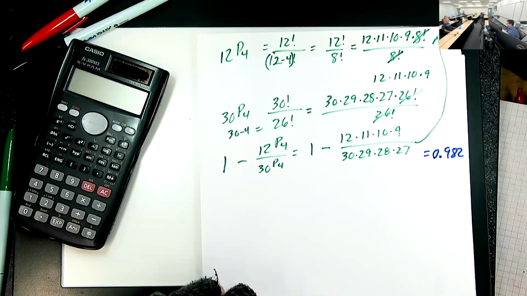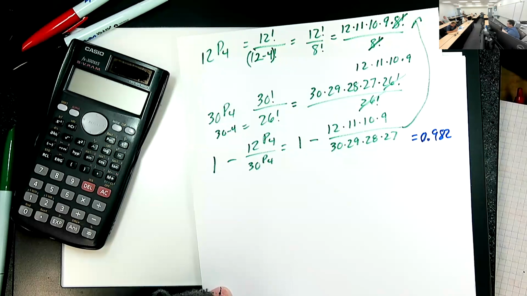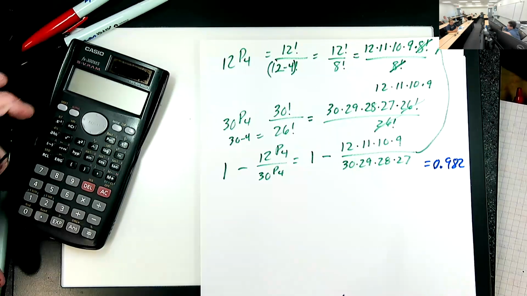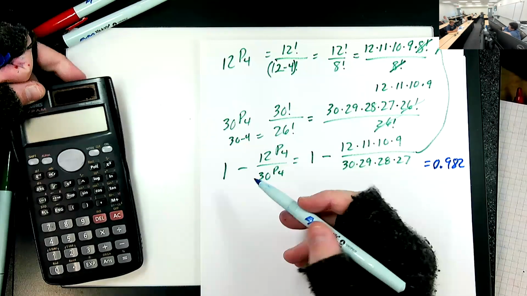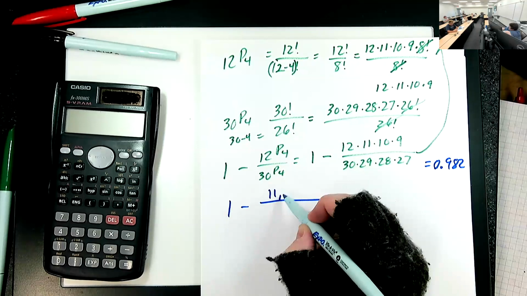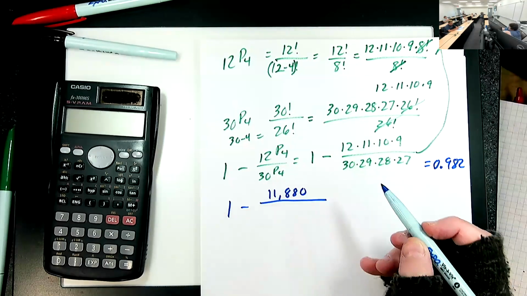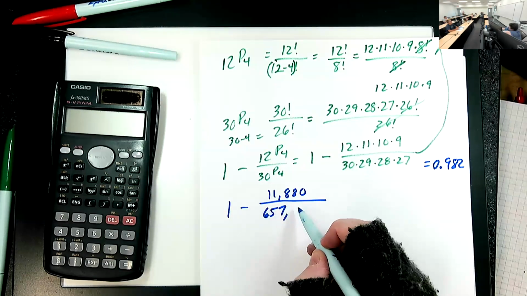I got totally different here. Oh, no. This is subtracting it from 1 after. You've got to figure out what it is. What was the fraction again? 11,880 over 657,720.